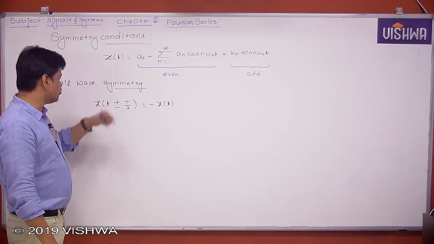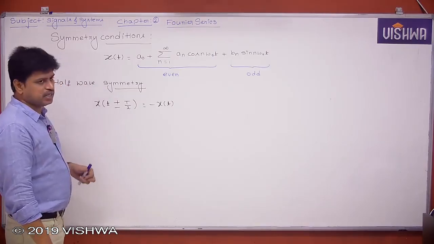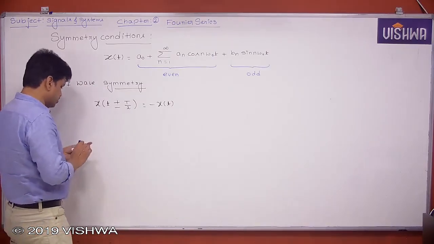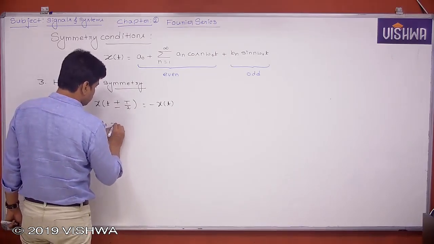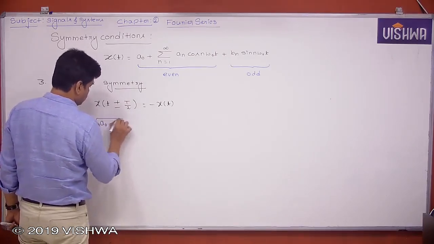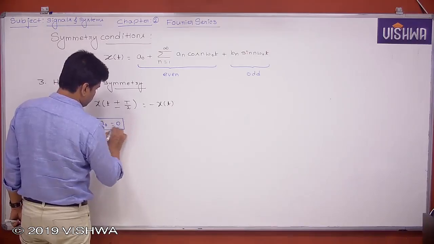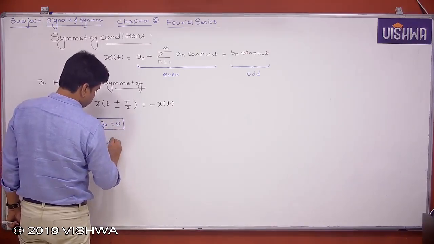So what if the wave is satisfying half wave symmetry? Then definitely things will happen like this. A0 is equal to 0 always. An may not be 0. Bn may not be 0.